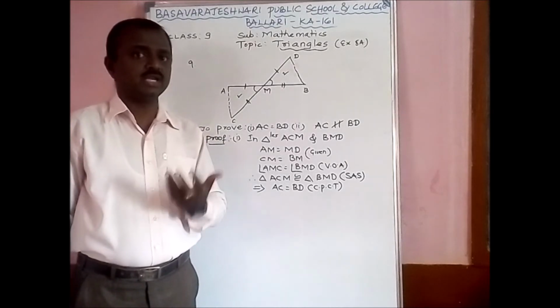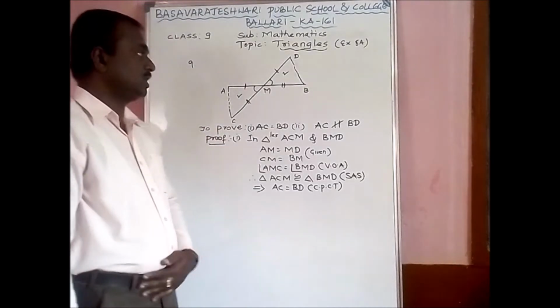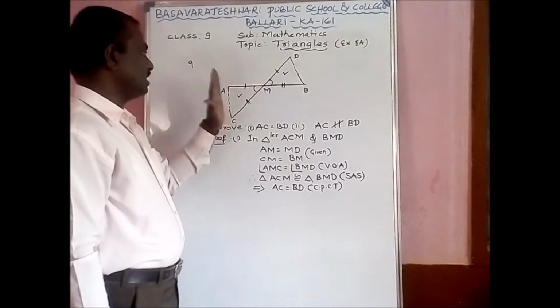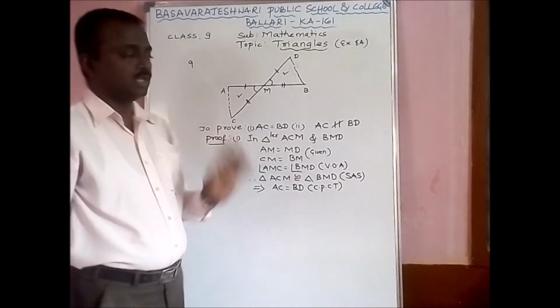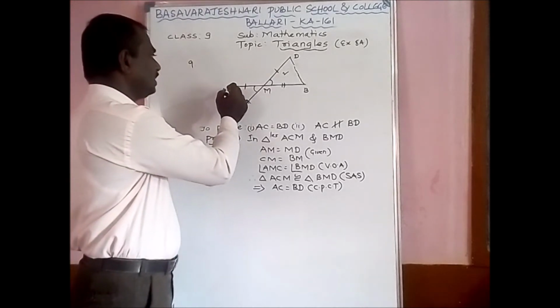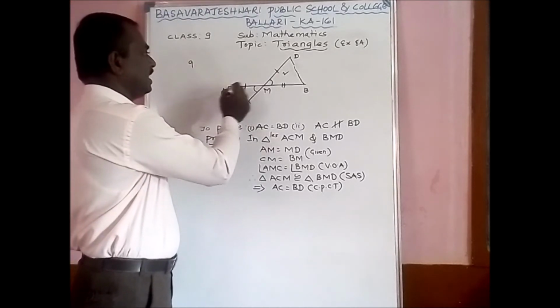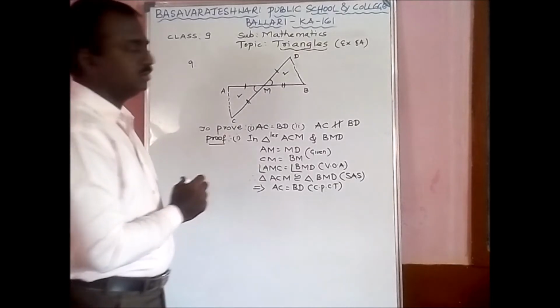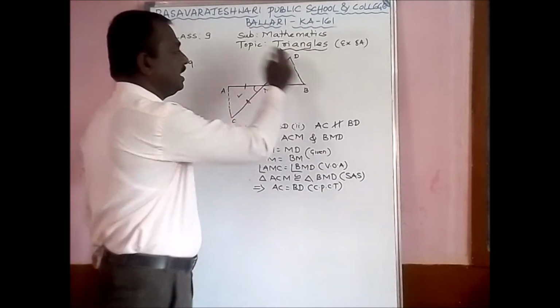Any one of the conditions should be satisfied. Suppose AC is parallel to BD, then alternate angles should be equal. That means angle CAM should be equal to angle MBD.